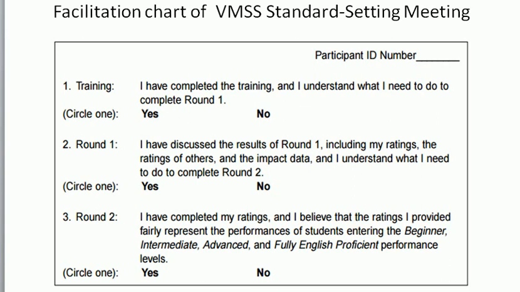These are performance level labels. Circle 1, yes or no. So this was the evaluation of the training which has been conducted by the institution from the participants who take part in the process of standard setting.